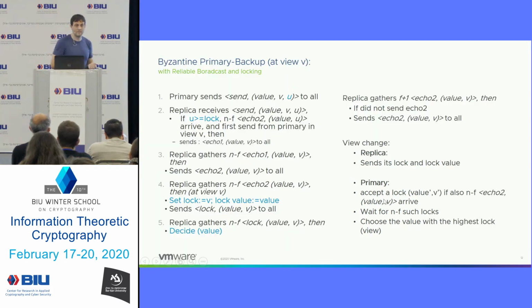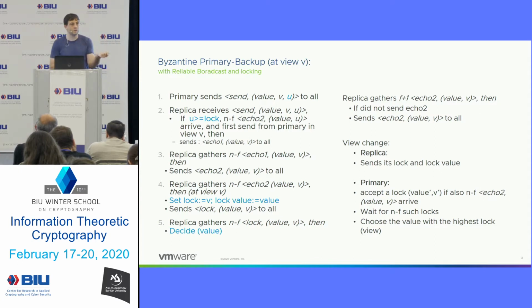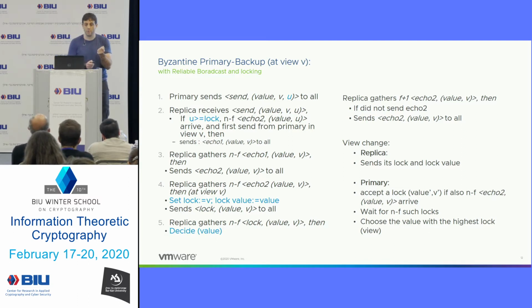And then what we said is that the risk we still have is a malicious primary. Now a malicious primary can't just invent old values, but what it can do is send values that are not the maximum ones. Remember that for safety, we need the primary to choose the maximum of all the locks and lock values that are received from the replicas.